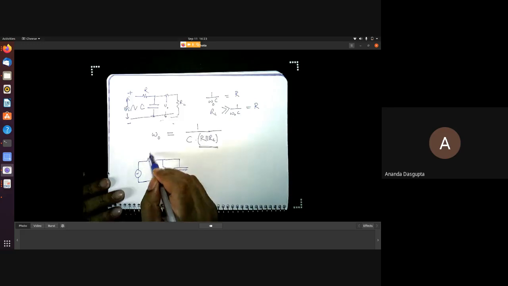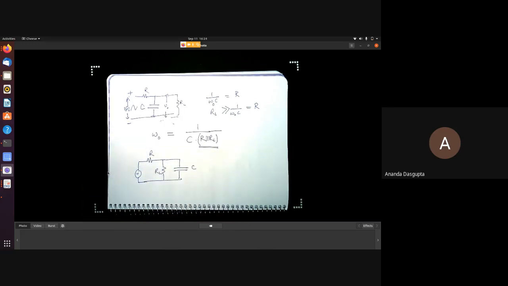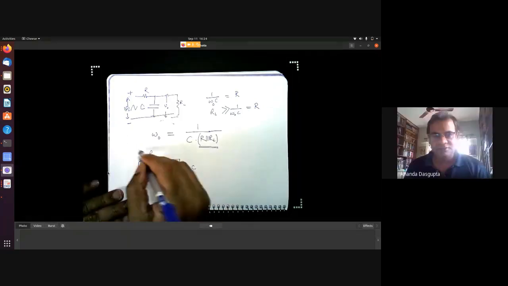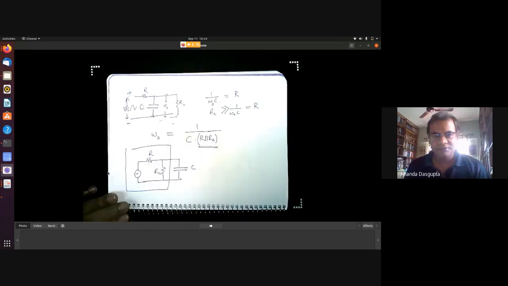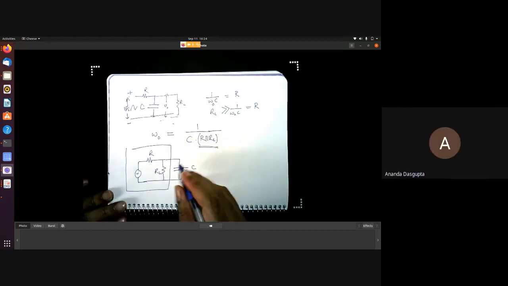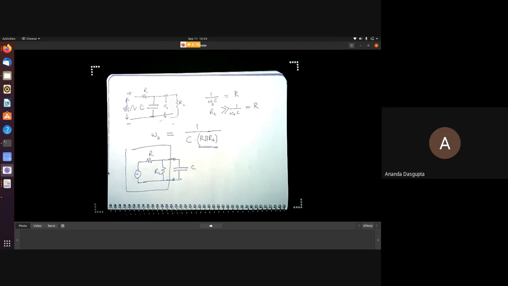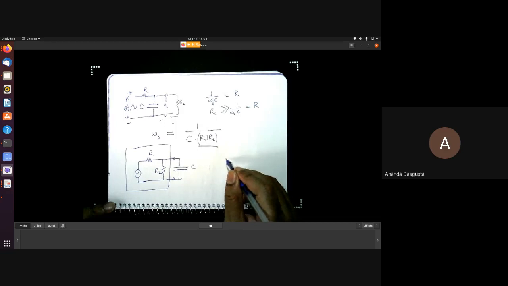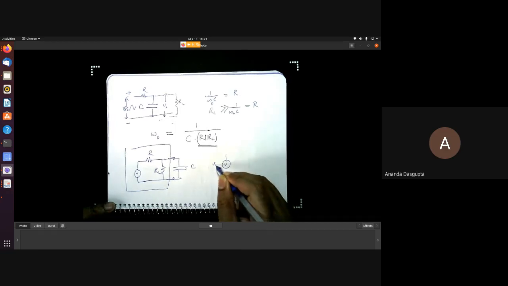Just switching the capacitor and the RL, of course, has not changed the circuit in any way. But now you can think of this as a black box with the capacitor sitting outside. And then what should you do? If you have something like this, you should simply use Thevenin's theorem.